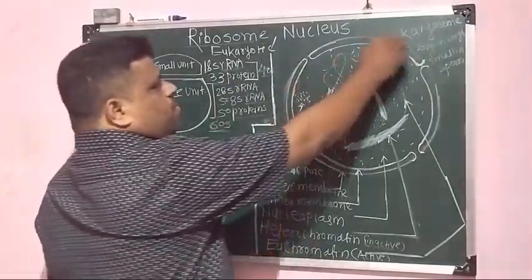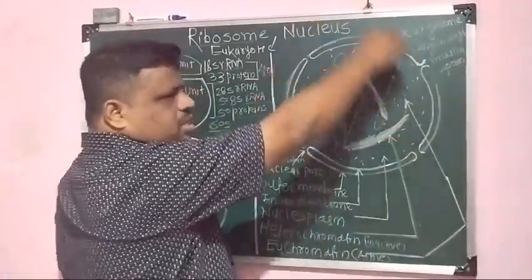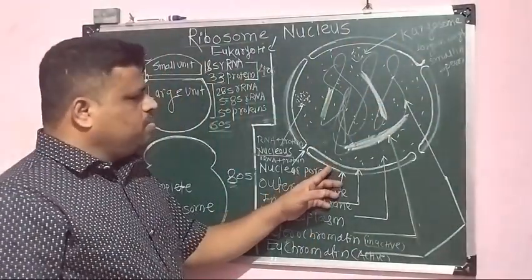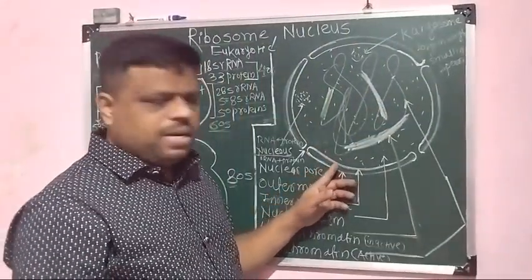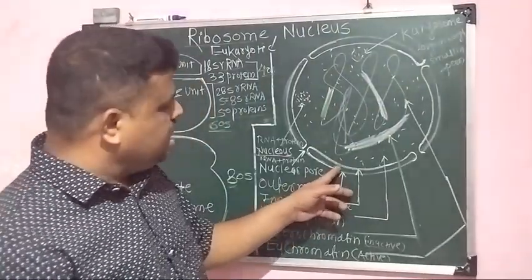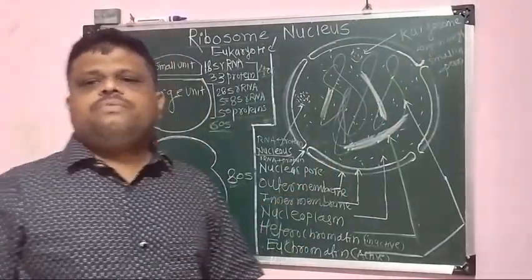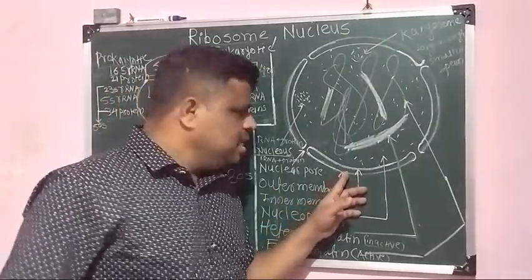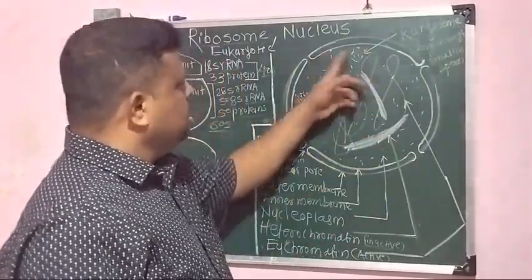This consists of an outer membrane that is called the nuclear envelope or the nuclear membrane, and the inner membrane. The space present between the outer membrane and the inner membrane is 10 to 50 nanometer. Then this membrane is not a continuous membrane.